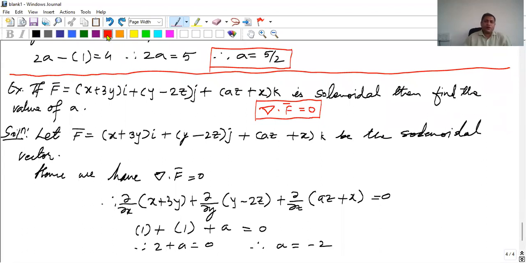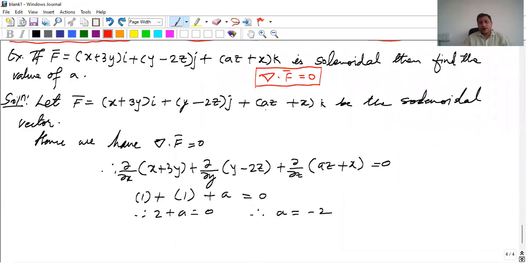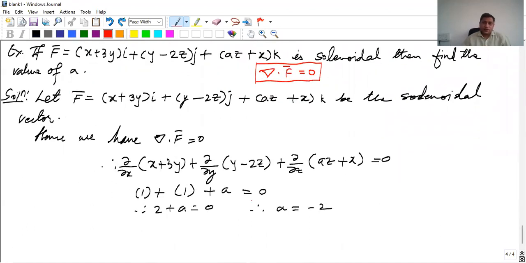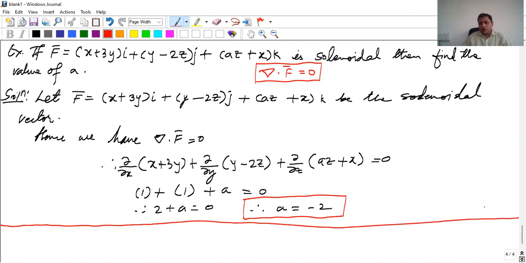So if this given vector is solenoidal, then the value of A is going to be minus 2. Is there any doubt in this example? No, sir. Okay, that's good.